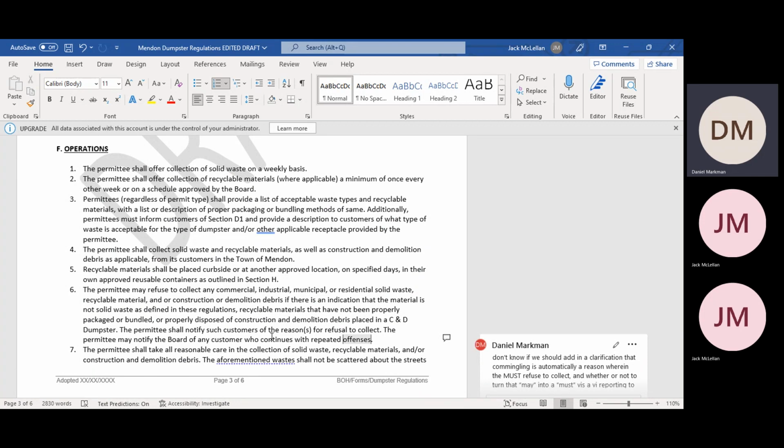And Section H gives you the right to dictate the types of dumpster that they're using. Its cleanliness, its durability, its size and placement, and its condition.